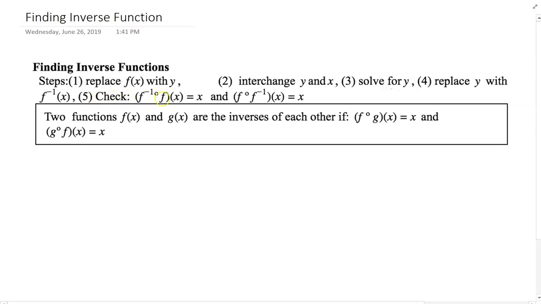Finally, we can do the check: f inverse of f of x equals x, and also f of f inverse of x equals x. The two functions f of x and g of x are inverses of each other if f composed with g of x equals x and g composed with f of x equals x.